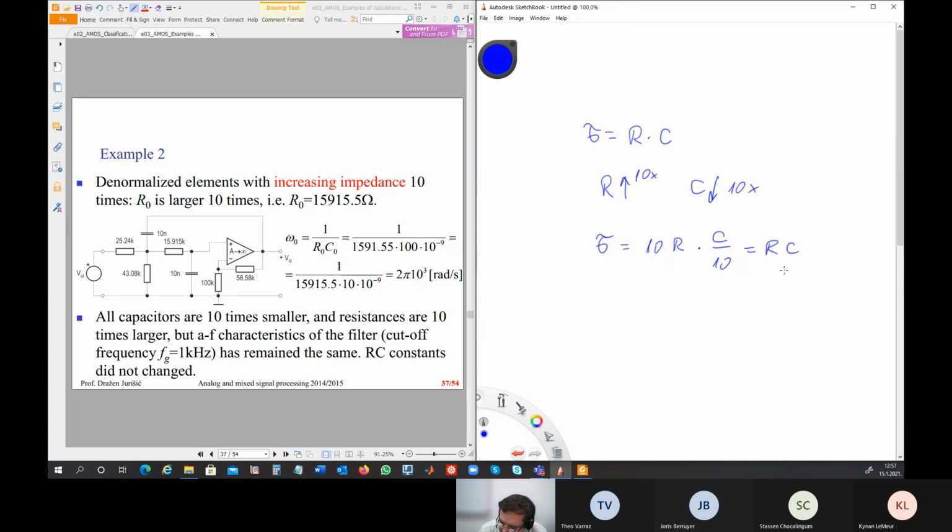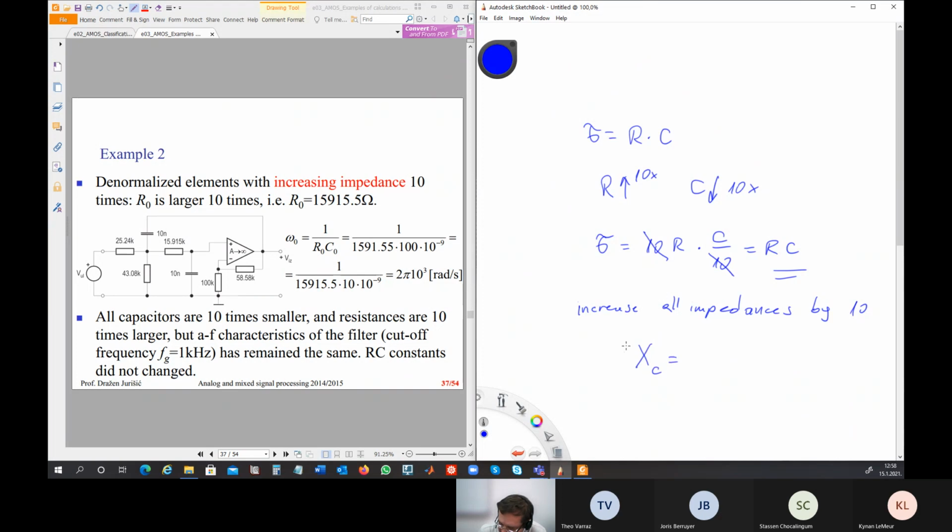The product will be the same because these two go away. So if you increase all impedances by 10, what means increasing capacitor by 10?